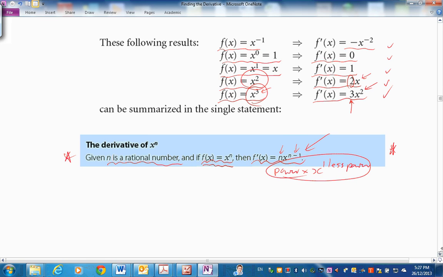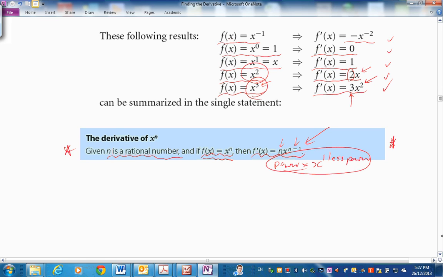Can we actually prove that? Pearson's don't do this, but I think it's worthwhile. It's not actually in the course, but let's try and do it. Let's go here now: f(x) equals x to the n, not taking any particular examples like this. This is called inductive reasoning.